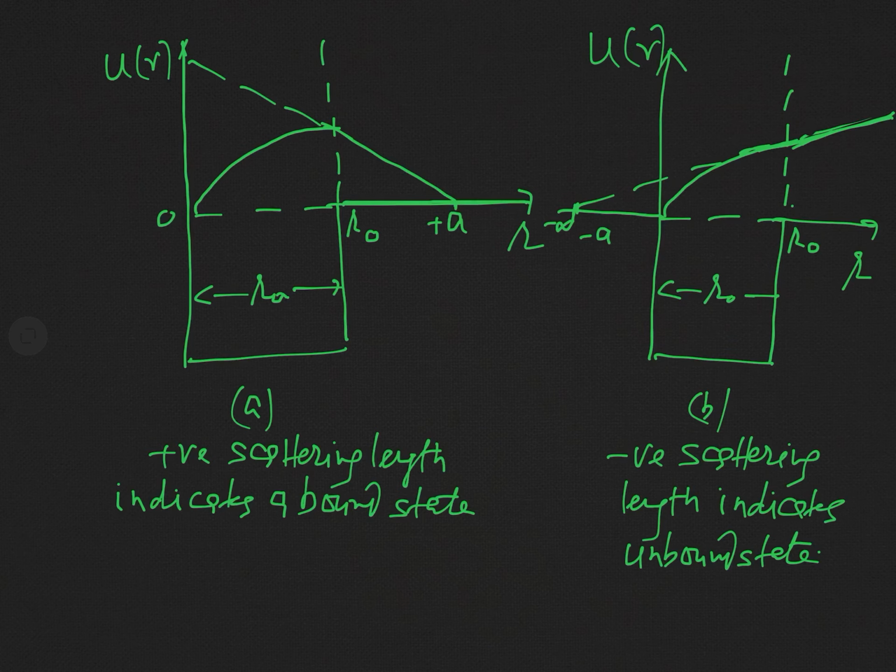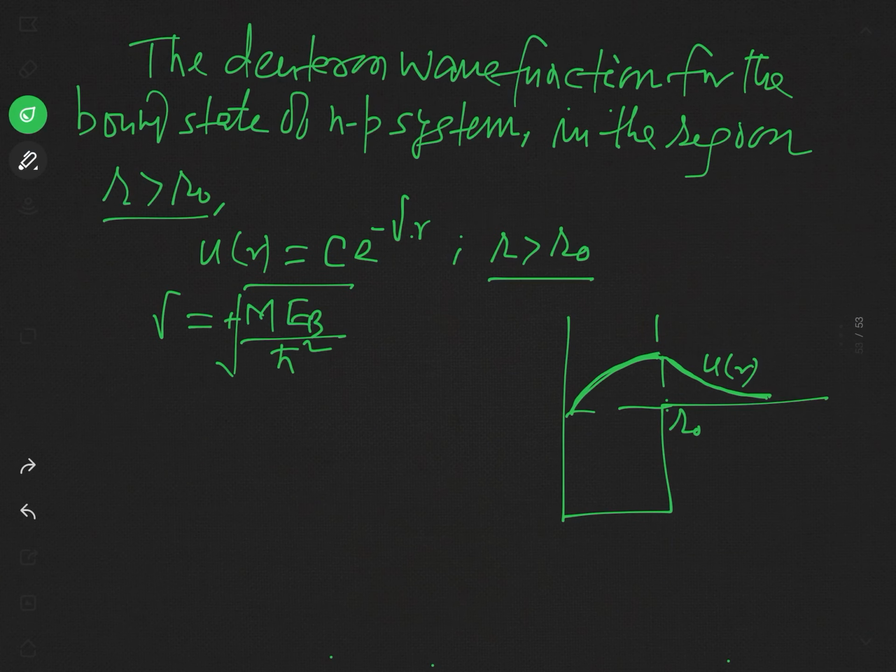So when we say that the scattering length is positive, we are talking about the bound state. And when the scattering length is negative, it indicates the unbound state of our system. So these are the physical significances of the positive and negative sign before the scattering length.